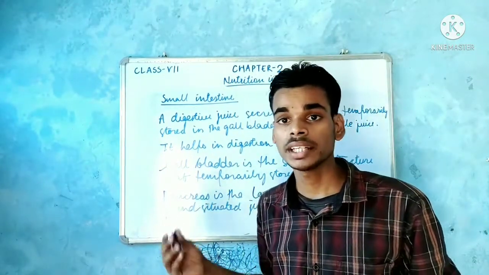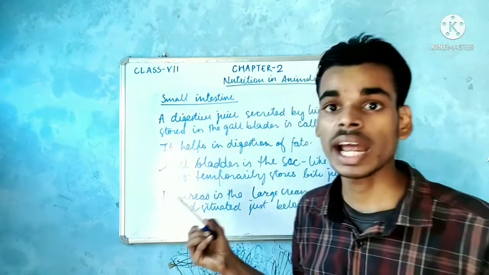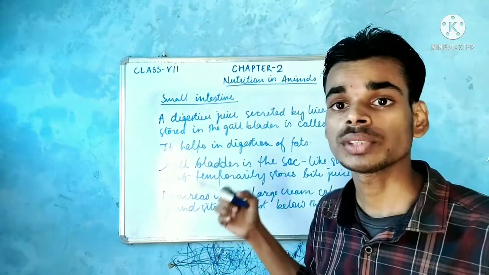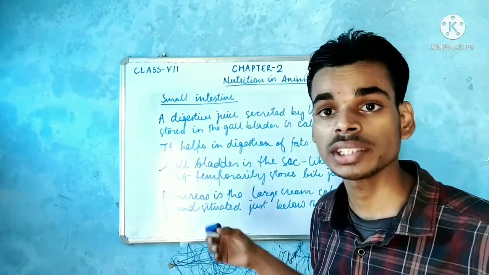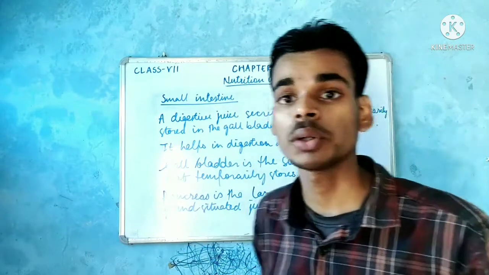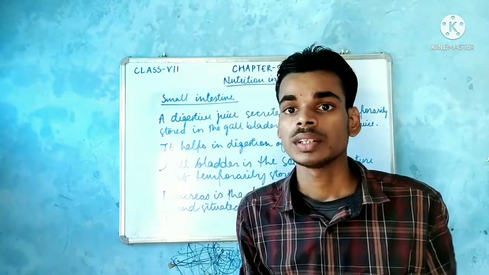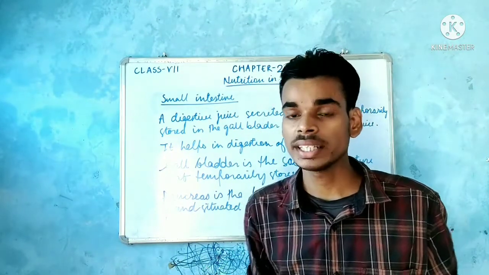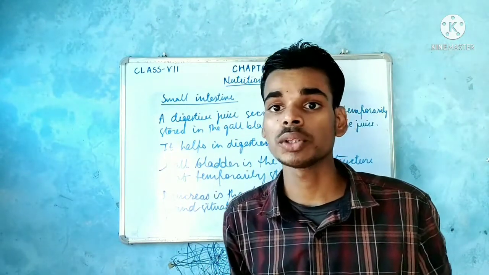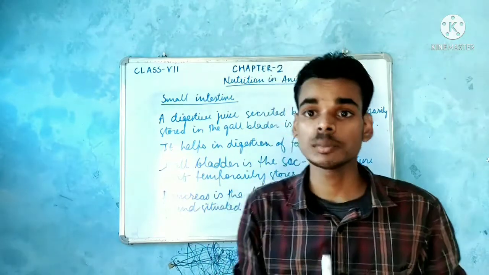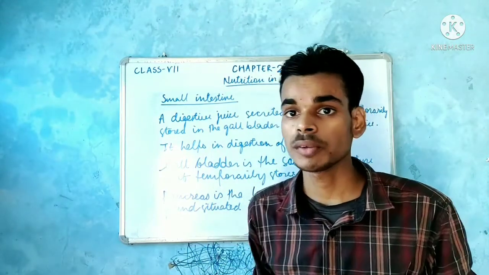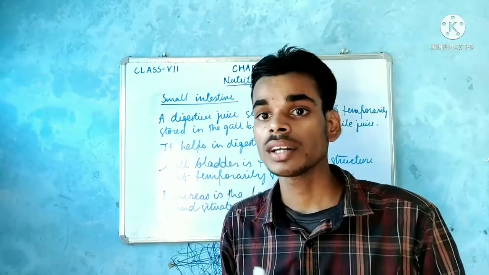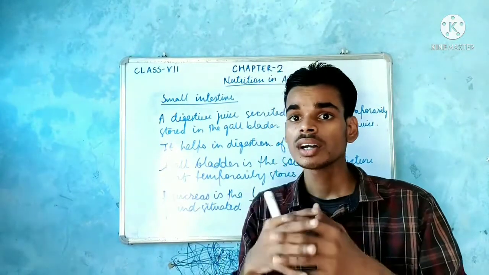The pancreatic juice along with the bile juice and the digestive juices secreted by the wall of the small intestine converts the carbohydrate, protein, fats into simple forms. Like the carbohydrate converted into simple sugars such as glucose, fat into fatty acid and glycerol, and the protein into amino acid. These are the simple forms converted from the complex forms.